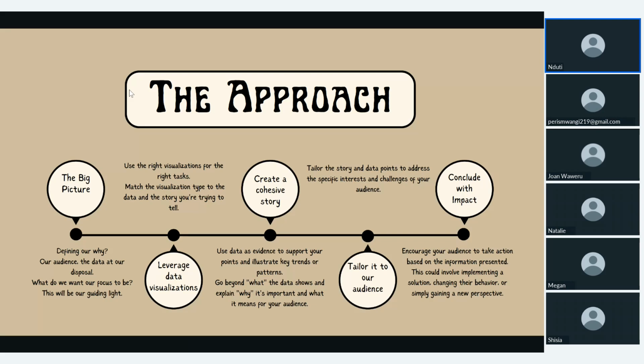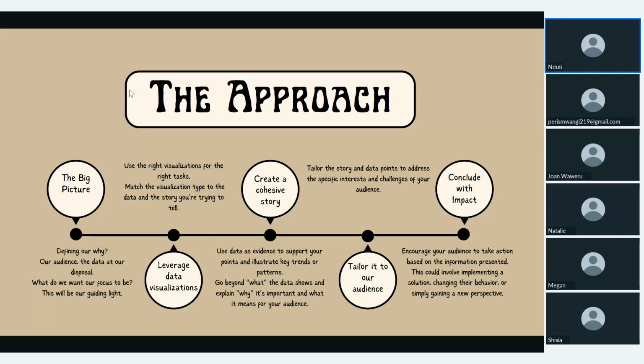So when we are talking about data storytelling, there is an overall approach, and it usually goes something like having a bigger picture. Think of this as step one, whereby we are defining our why. We know we are presenting these findings to investors, so we've ticked the box of audience.